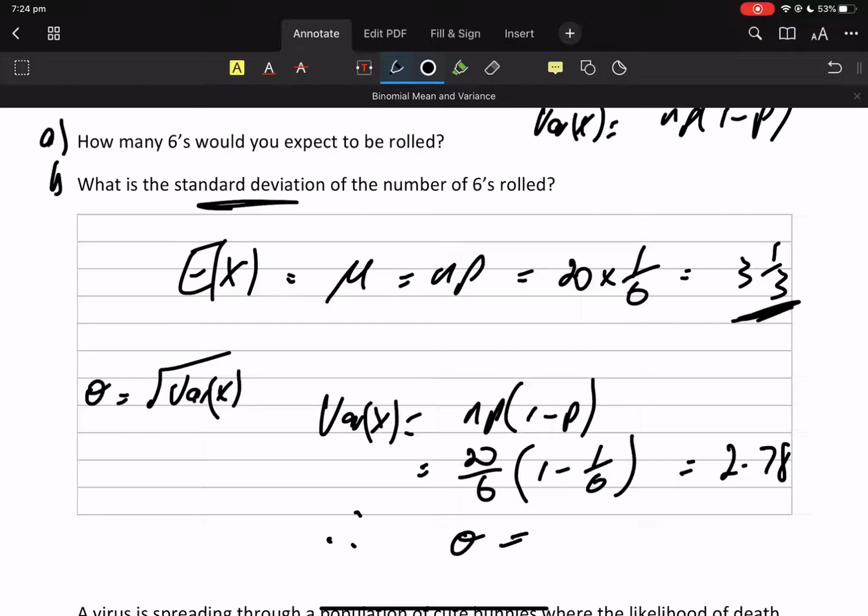Therefore, sigma will be the square root of that. I don't know what that is. 1.67-ish.